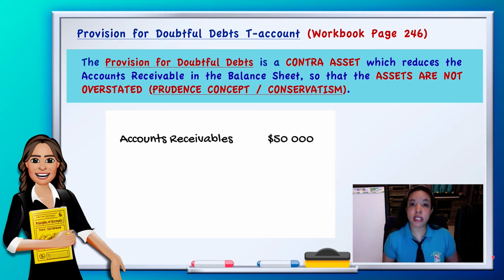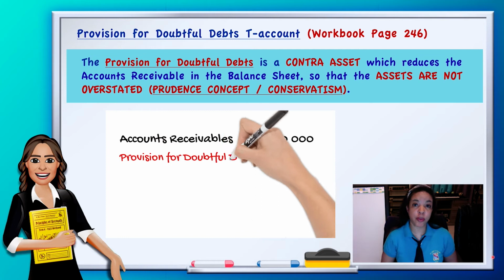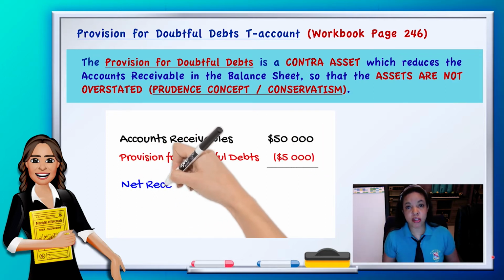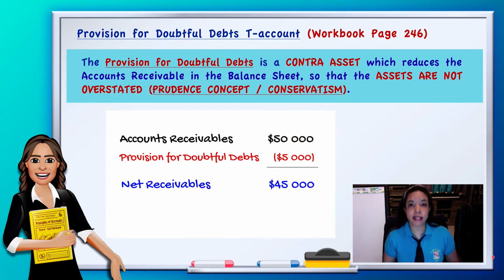So we disclose this in the form of a provision for bad debts, and that reduces the receivables in the balance sheet, and it shows the actual receivables that we believe we are probably going to receive. Say, for example, the provision is $5,000, let's use an easy number, then $45,000 is therefore our asset in the form of receivables.